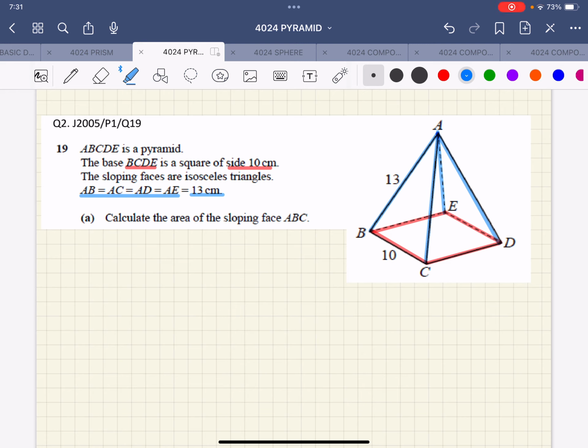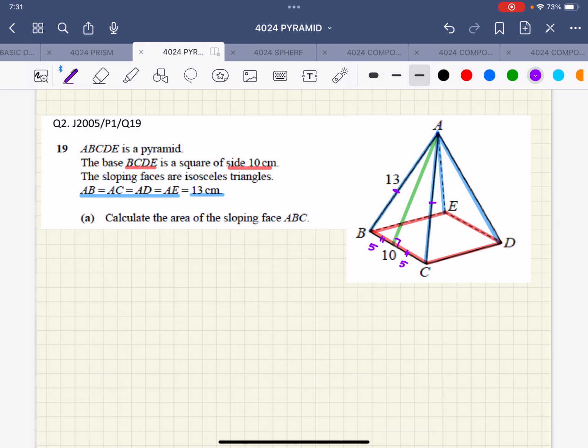Now, first of all, let me choose a green color. And let me draw a line like this. Now, once I have drawn this line, let me label it in such a manner that these two sides are equal. This 13 and this 13 are equal. This is perpendicular. I've drawn a perpendicular on the lateral surface, and this becomes 5 and this becomes 5.